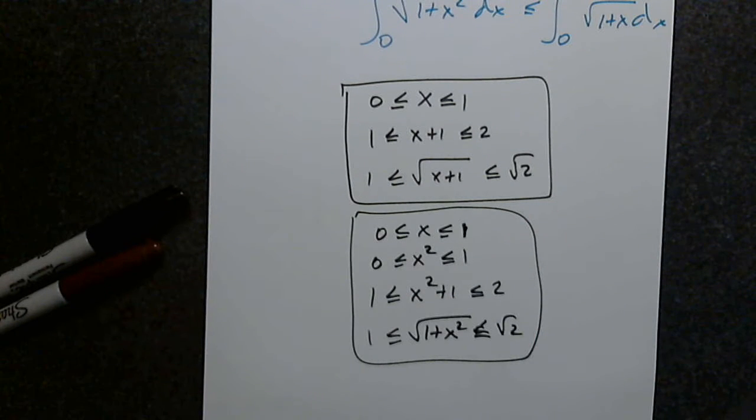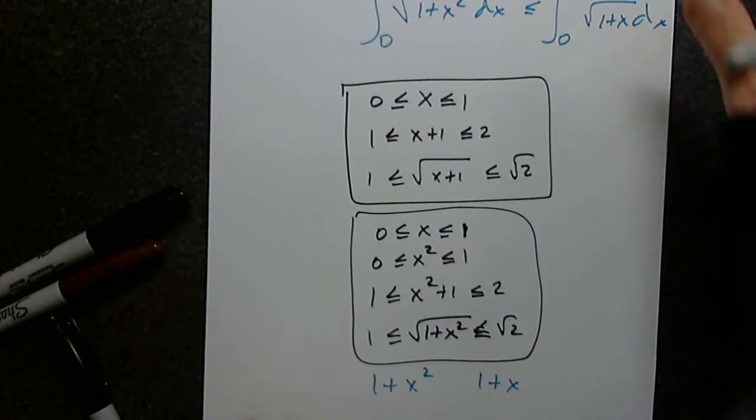And you can say, well, what have you accomplished? Not much. I can only say that they're both between 1 and the square root of 2. So I still don't know which one is bigger. Well, I do. So finally, I would like us to compare 1 plus x squared to 1 plus x.